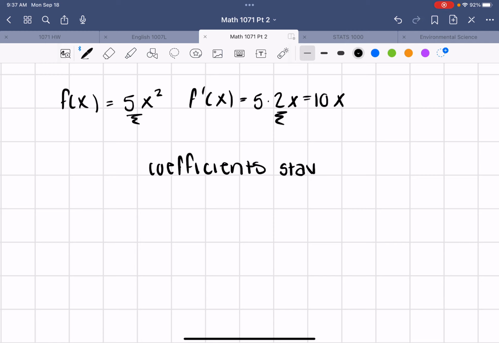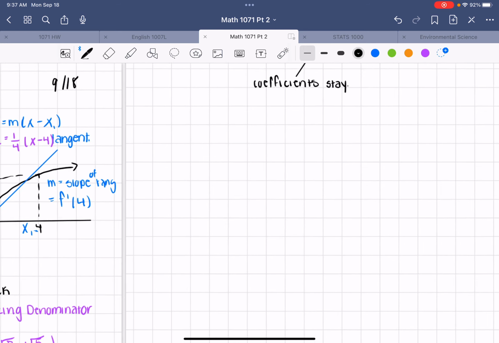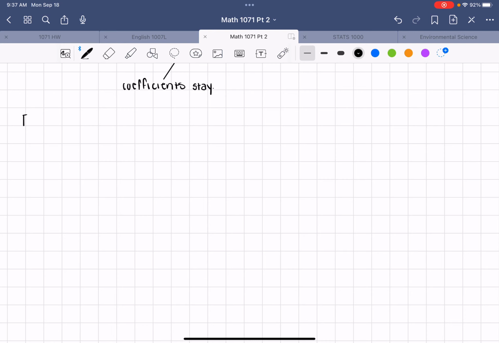And so now, we did a line. Here's another example we did. We did the example of a line. F of x was mx plus b. And we found that the derivative was, well, b is just a constant, its derivative is 0.